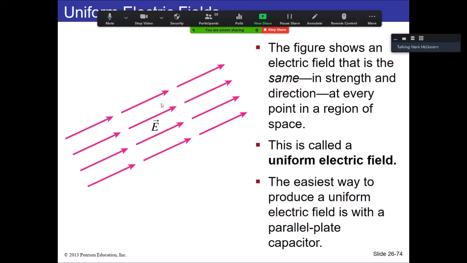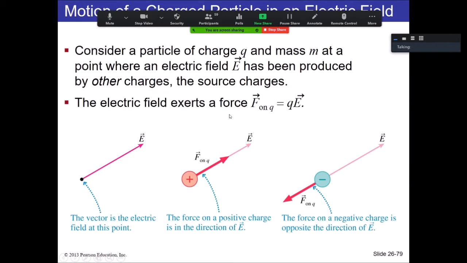So that's neat. So we know how that force is going to look. Force is constant because the electric field's constant. The force on the particle is going to be simply the product of Q times E.